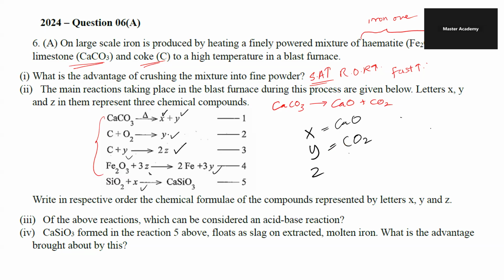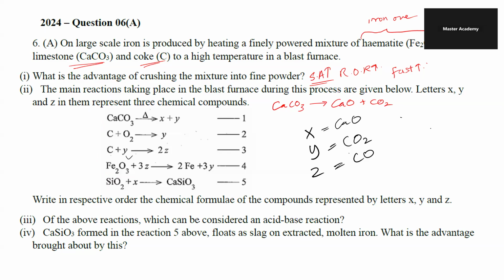So here it's perfectly fitting, no? Carbon plus oxygen, carbon dioxide. Here coke plus carbon dioxide. Z is only carbon monoxide. And they have already balanced it. Can you see they have put 2, 3 and all those things. So we don't need to worry about the balancing part. They have balanced it perfectly.